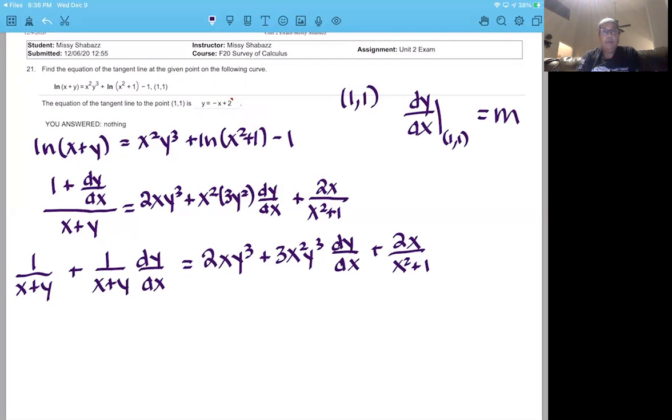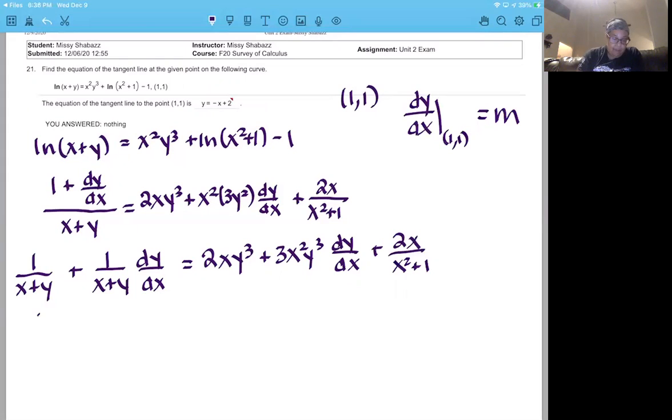All right, so instead of solving for dy/dx, which you can do, I'm just going to plug in my point, because it'll make it a lot easier, and change dy/dx to my slope m.